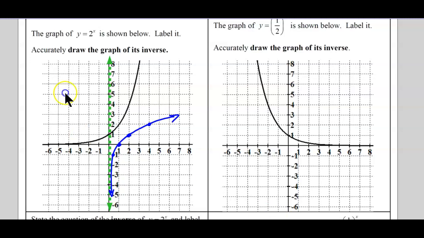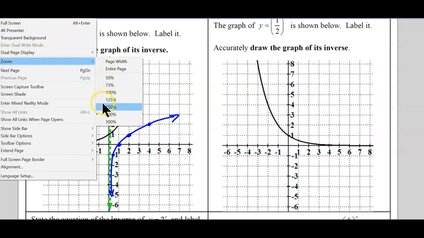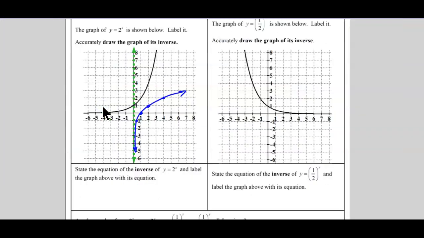And you can do the same for the one on the right. So that horizontal asymptote will then become vertical. So here (0, 1) becomes (1, 0).